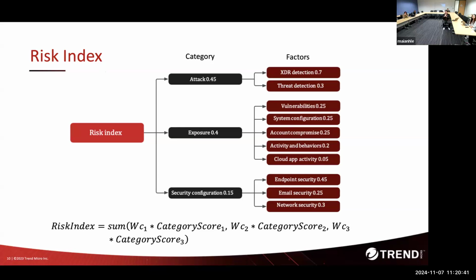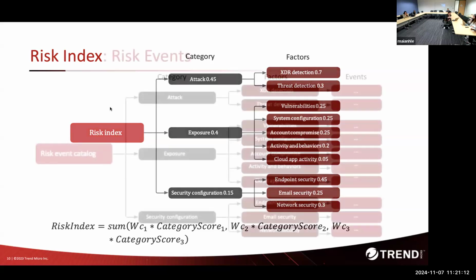Exposure: there are Windows vulnerabilities that people find every day, but if your whole organization uses Mac, it doesn't matter to you. So that's the exposure component. And then there's also the security configuration. You can buy the best security product, but if you turn it off, it doesn't matter. So there are the 3 components, and the risk index is a weighted sum of all these categories' scores.